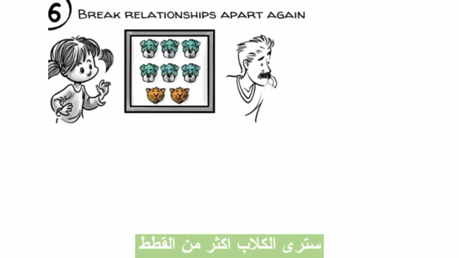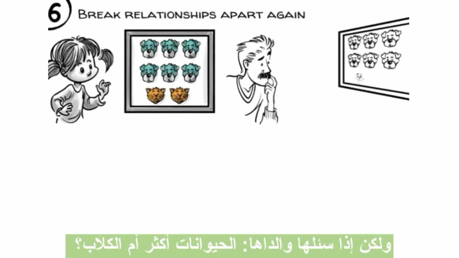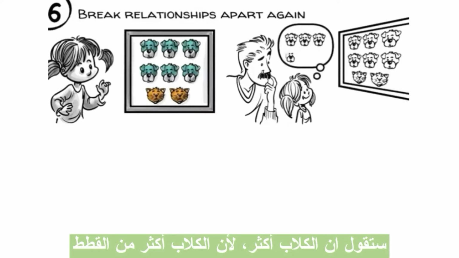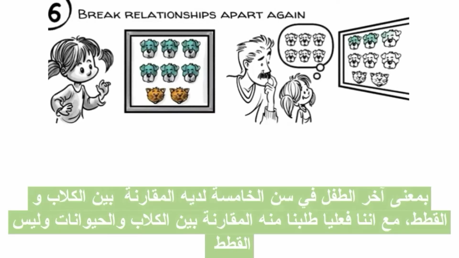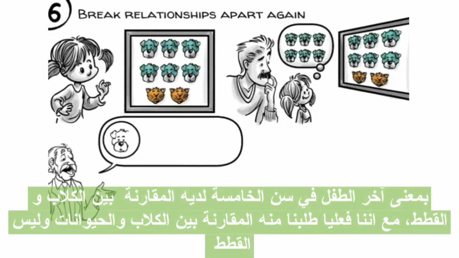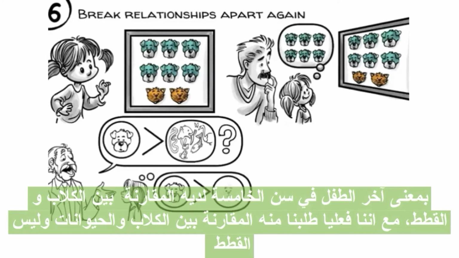While most adults who see the full picture find this question odd, a 5-year-old typically just answers, "More dogs." When you ask further, "More dogs than what?" the child replies, "Than cats." In other words, if you ask, "Are there more dogs or more animals?" the child hears, "Are there more dogs or more cats?"